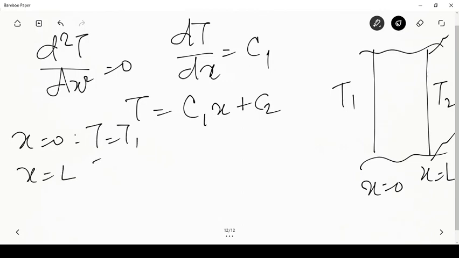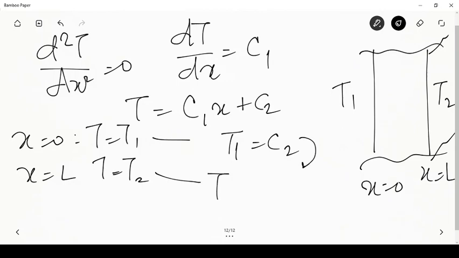So if I use this boundary condition, I get from this equation T1 equal to c2. And from this and this together, I would get T2 is c1 L plus T1.